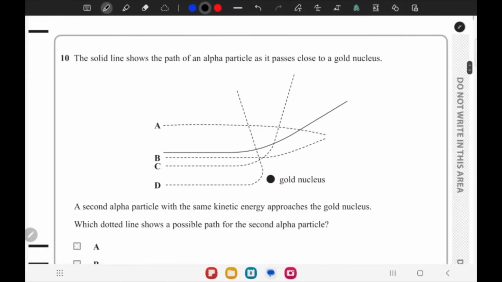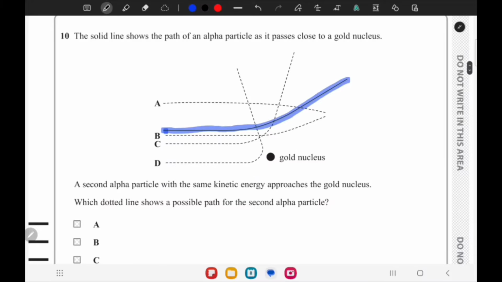On to question 10. We are given that this solid line B shows the path, this line over here, of an alpha particle as it passes close to a gold nucleus over here.